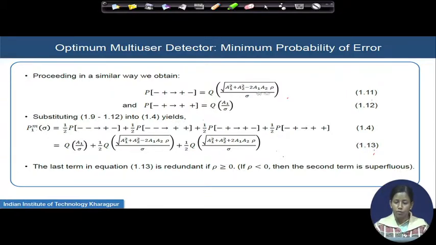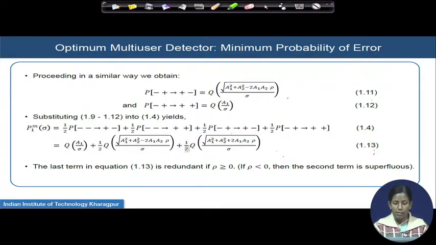So, if I substitute all these values in the fundamental expression of the probability of error, we end up with equation 1.13, where two times we got this Q function of A1 by sigma. That is why that term is a Q of A1 by sigma, and the other terms remain with the corresponding multiplication of half.